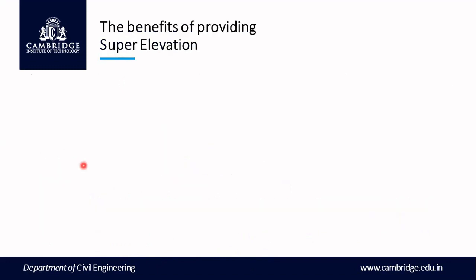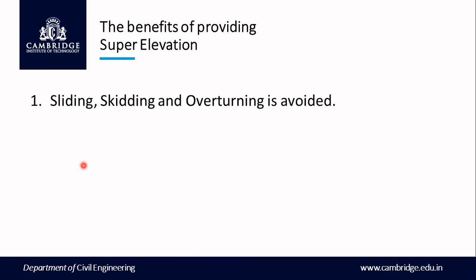So what are the benefits of providing super elevation? Let's look upon that. First benefit, like we said, we can avoid feeling that discomfort while taking the curve. That is, we can avoid effects like sliding, skidding, and overturning while taking the curve.